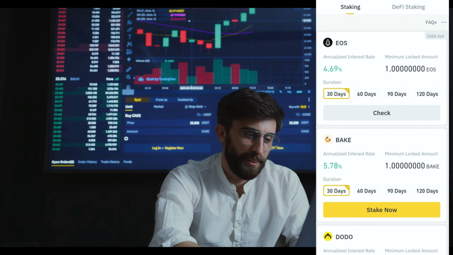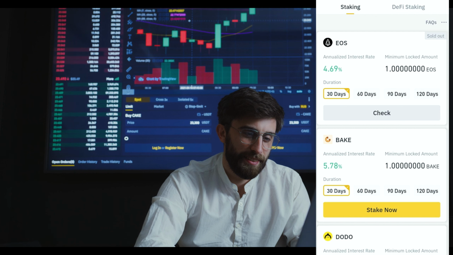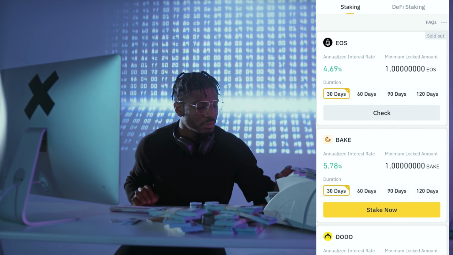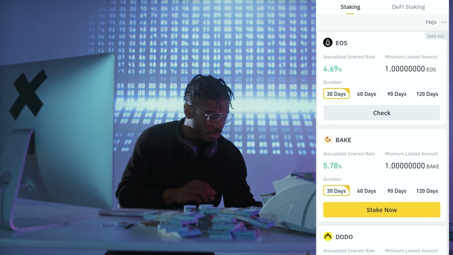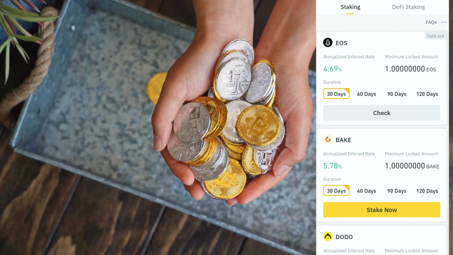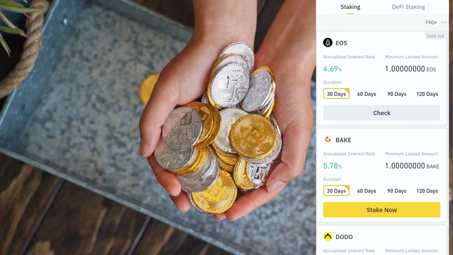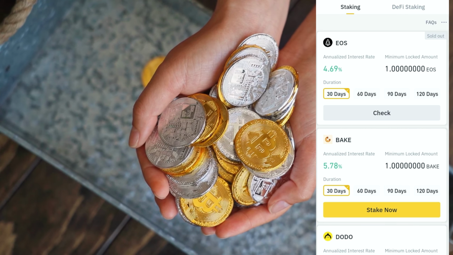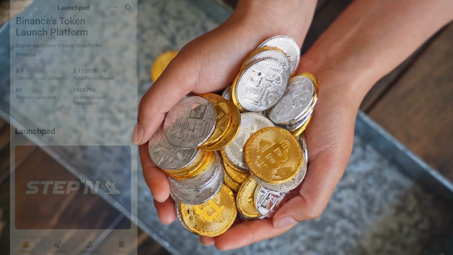For example, you lock 10 Bitcoin and you will earn 10% of it for 30 days. After 30 days, you will have 11 Bitcoin and you will learn that it gave you 1% of the 10 Bitcoin in dollars.